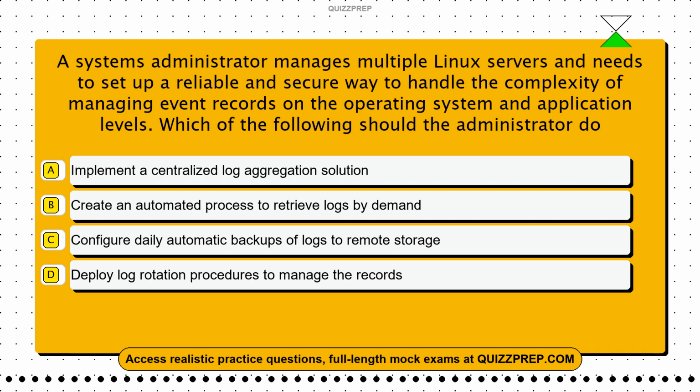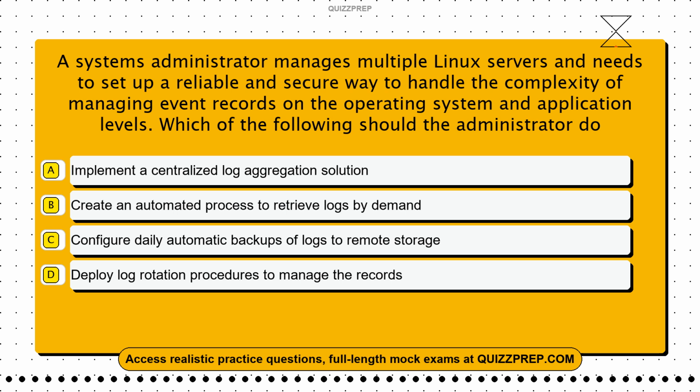Question 17. A systems administrator manages multiple Linux servers and needs to set up a reliable and secure way to handle the complexity of managing event records on the operating system and application levels. Which of the following should the administrator do? Option A. Implement a centralized log aggregation solution. Option B. Create an automated process to retrieve logs by demand. Option C. Configure daily automatic backups of logs to remote storage.